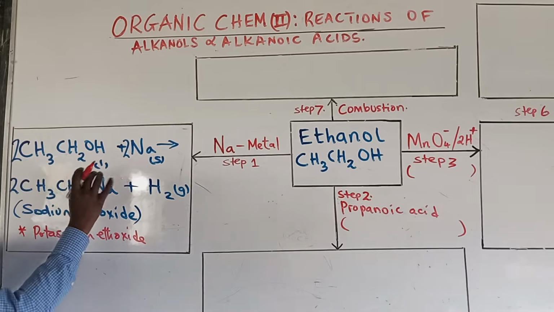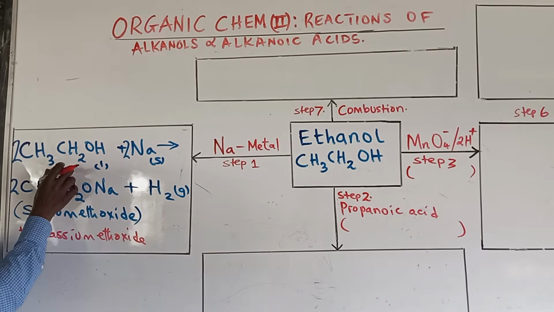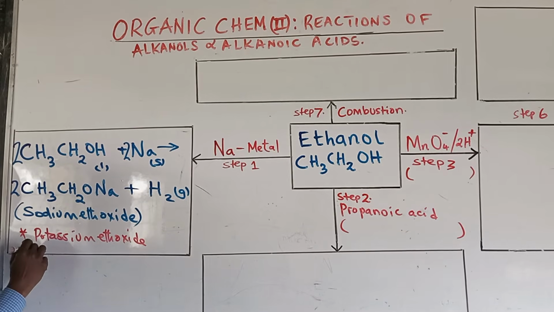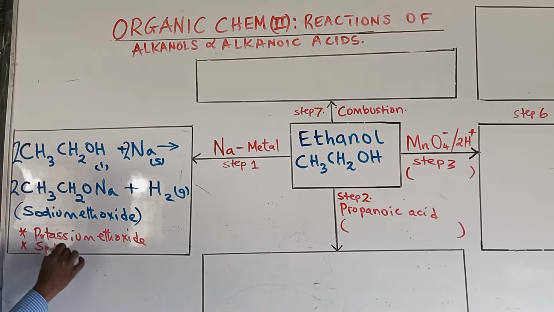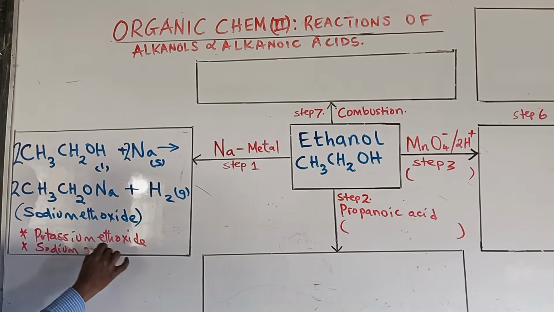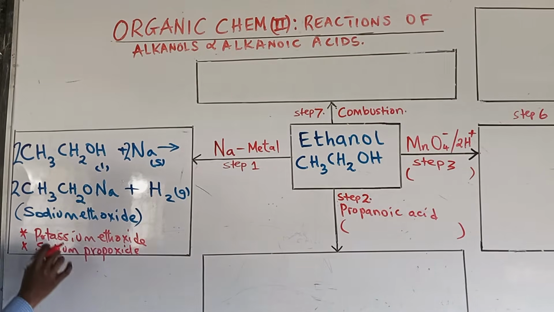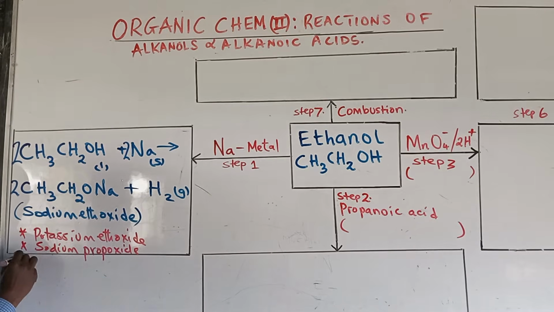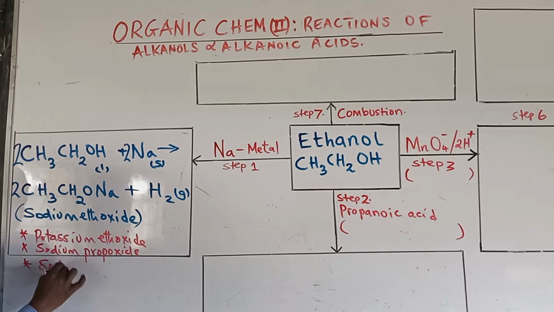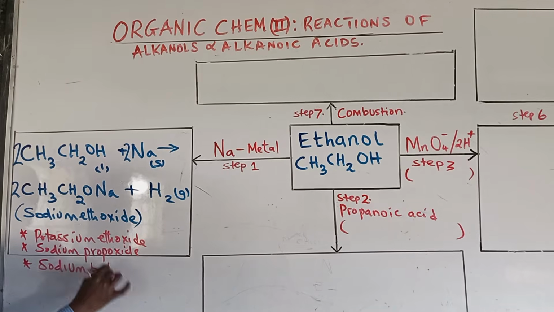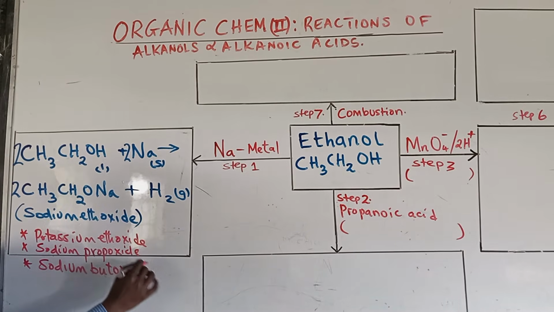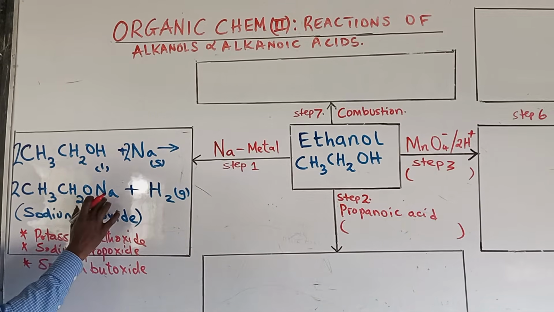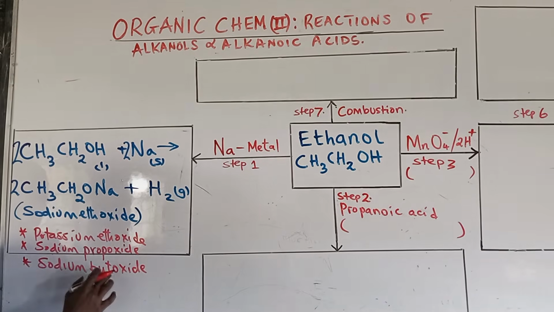If we had the alkanol being propanol, then maybe with sodium, it would form sodium propoxide. If we had the alkanol being butanol with sodium, then it would be sodium butoxide, and hydrogen.